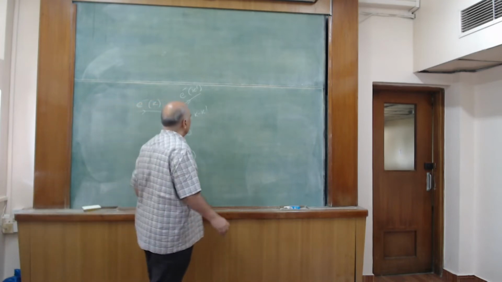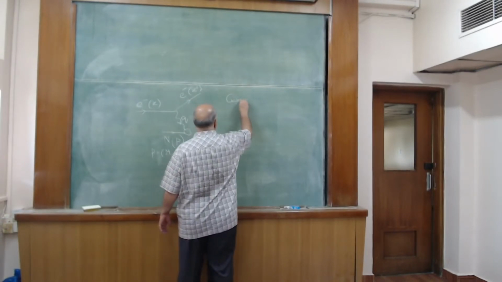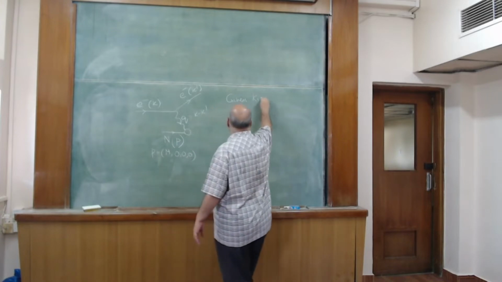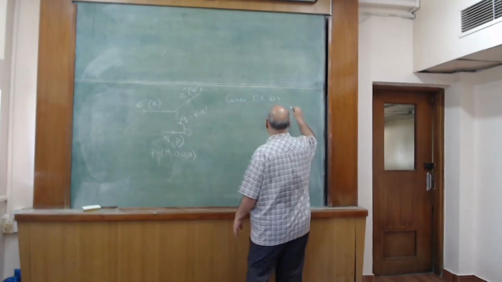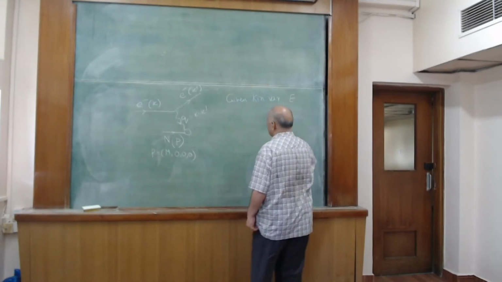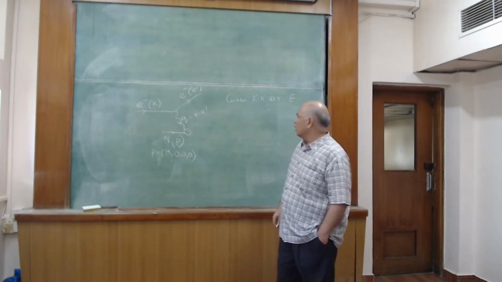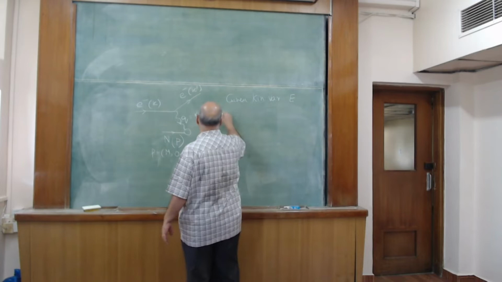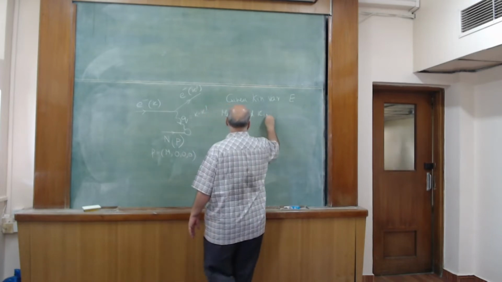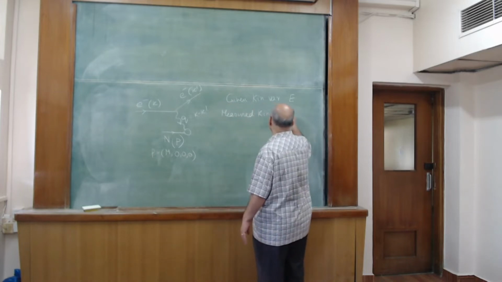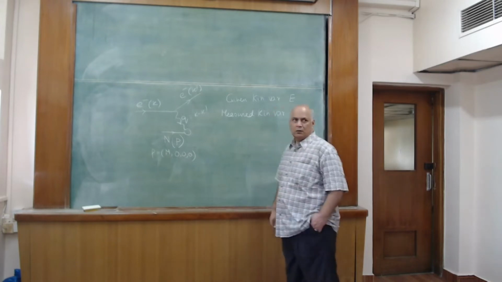So the given kinematical variable is the initial energy of the electron that is known to us, and measured kinematical variables are E prime and theta.